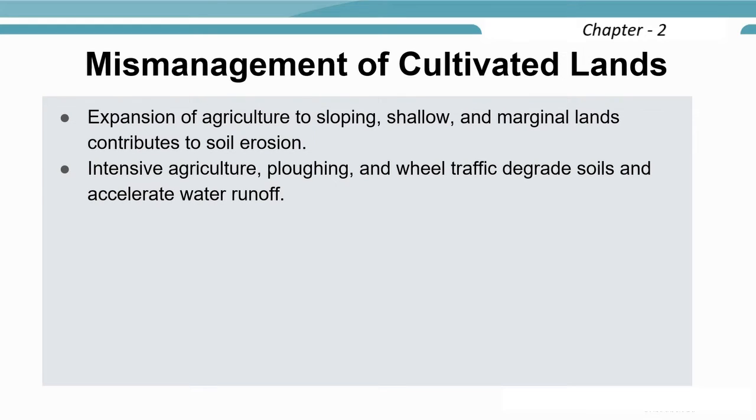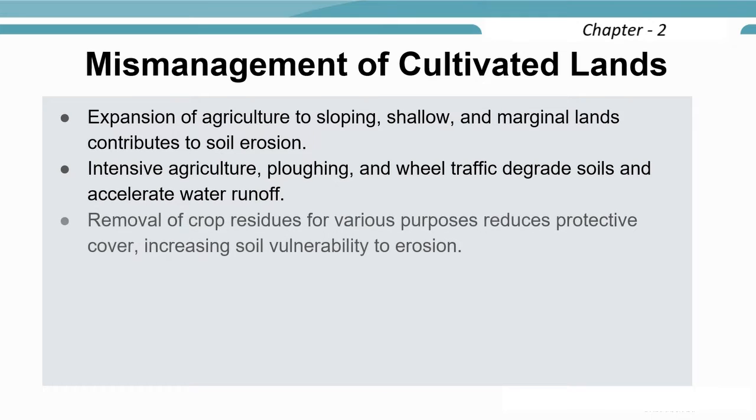If the runoff is higher than the permissible velocity, then it carries away the soil particles with it. Removal of crop residues for various purposes reduces the protective cover and therefore increases the vulnerability of soil to erosion.